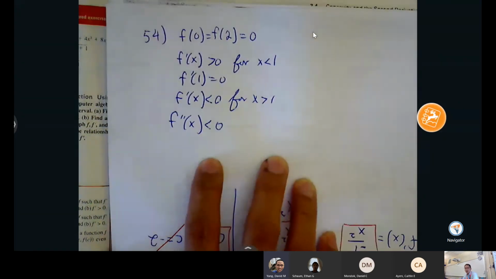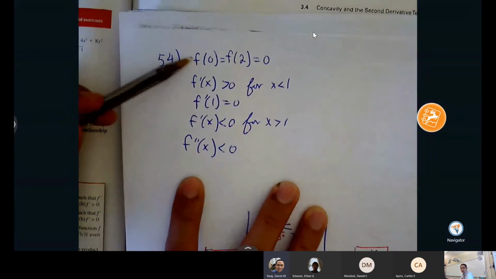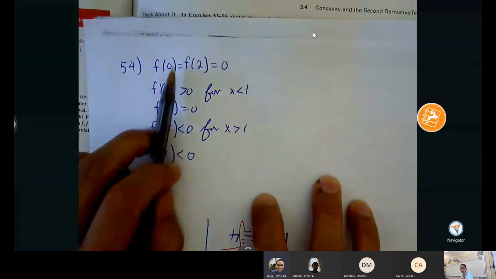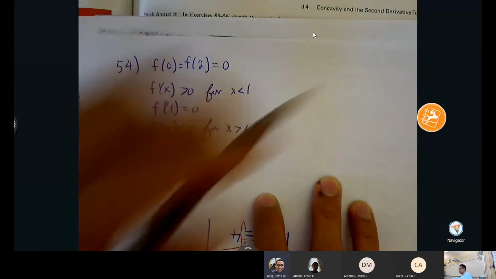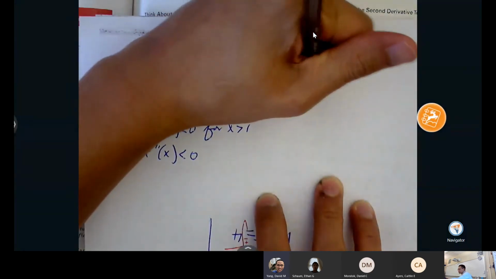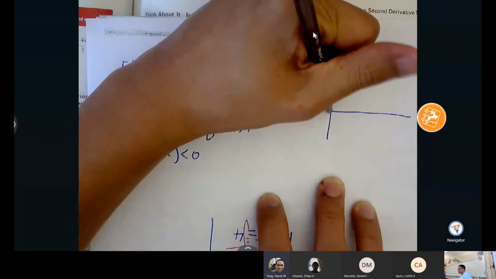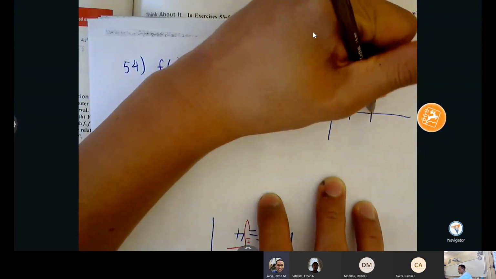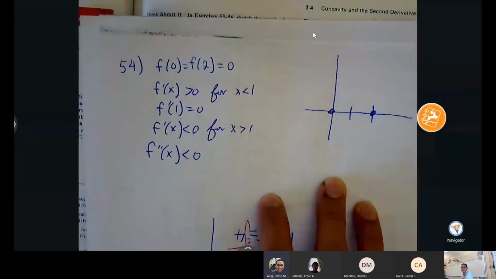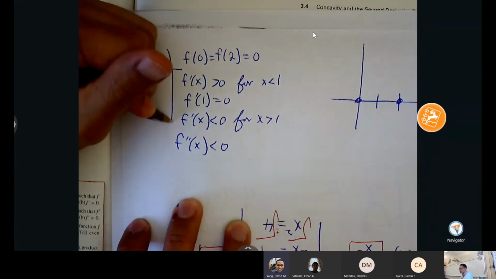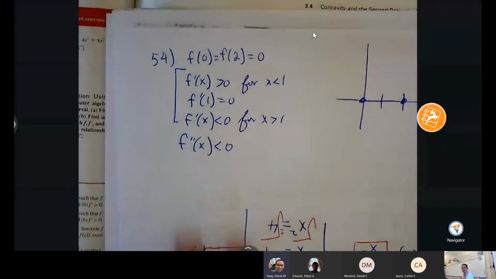All right, so first things first, we're going to graph those points, right? Those are easy to graph. Just ordered pairs, f of 0 equals 0, f of 2 equals 0. The next three statements are giving us information about f prime.